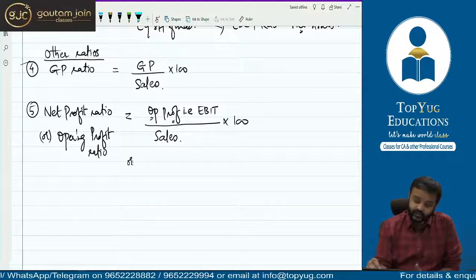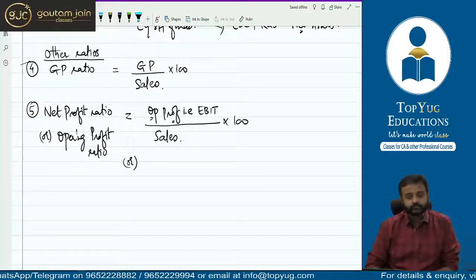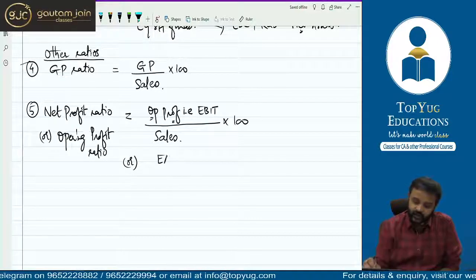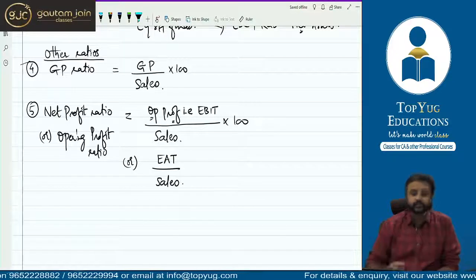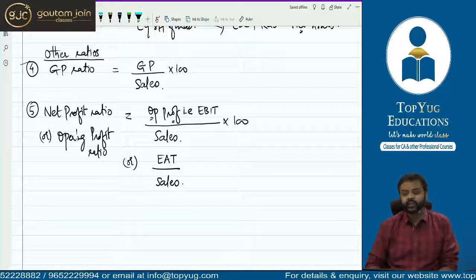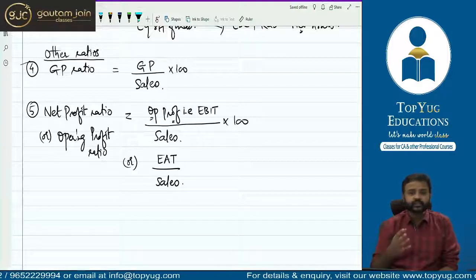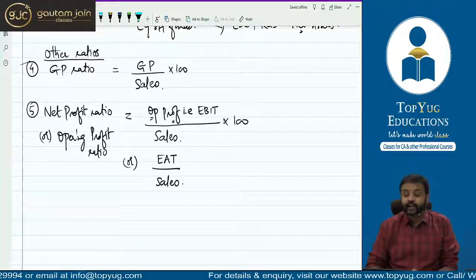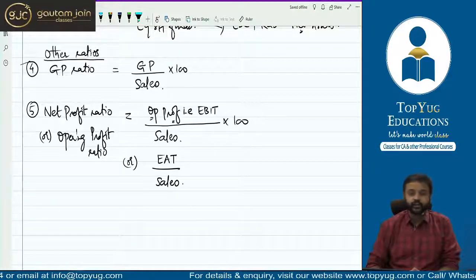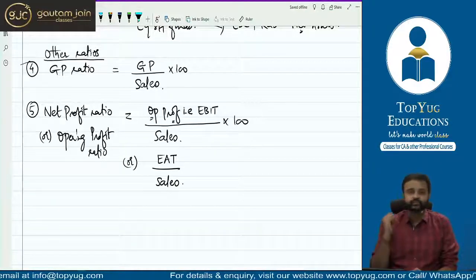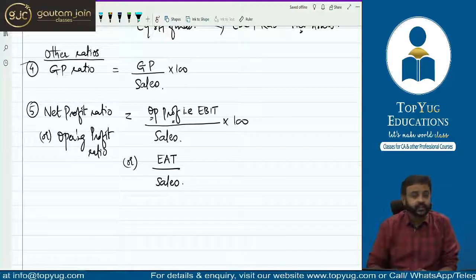There is another school of thought, meaning there is another formula for this, which is earning after taxes upon sales. Few people say, when we are saying net profit ratio, take net profit, and net profit means what? Pay off interest, pay off even taxes, and then the profit which is left is net profit. So take that. Why do you take operating profit? So that is another school of thought.